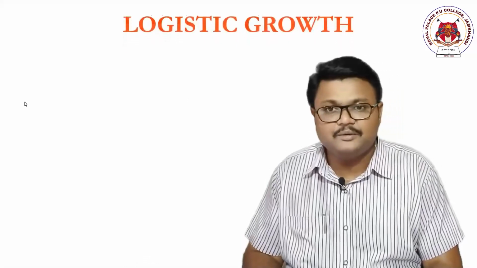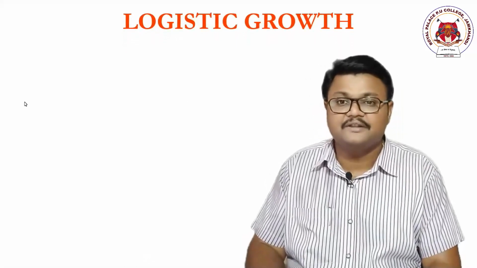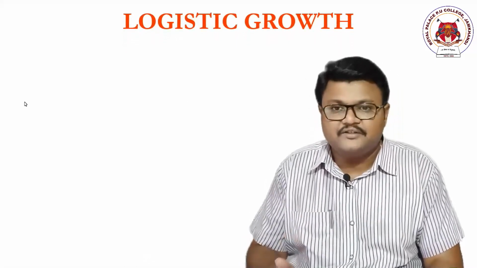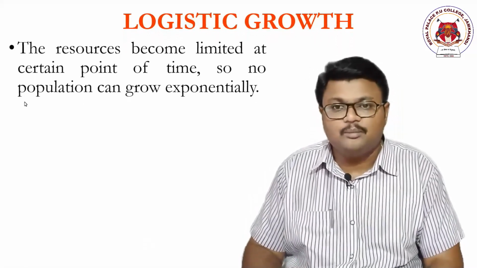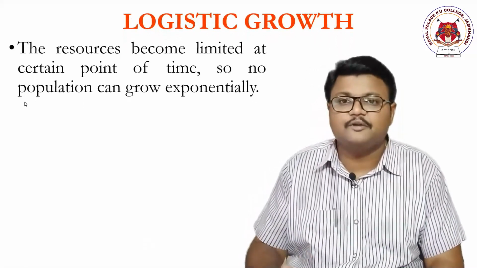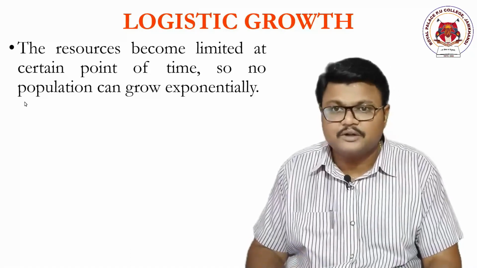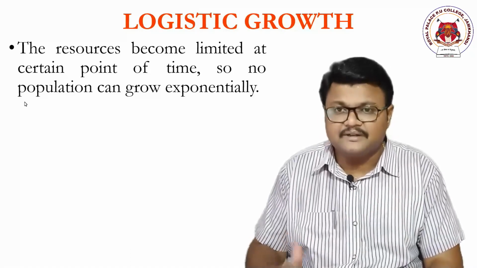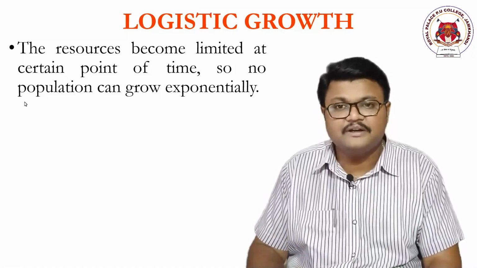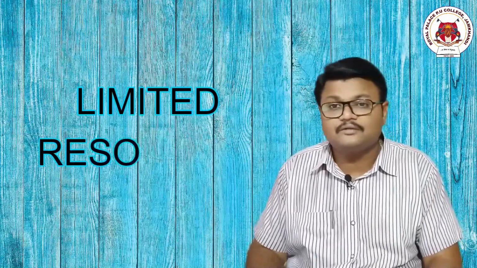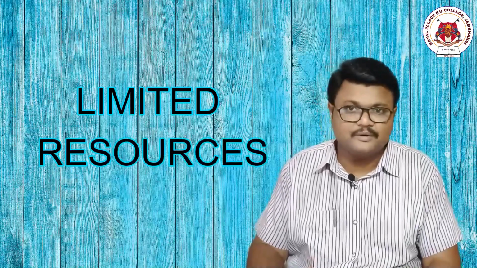Let us enter into another topic called logistic growth. Logistic growth is an opposite explanation to the exponential growth model. That is, in the exponential growth model, the resources were limitless, completely unlimited. In logistic growth, the resources are limited now.